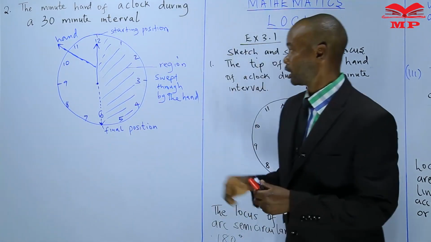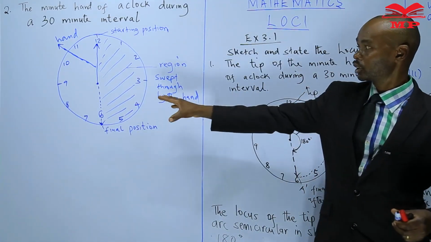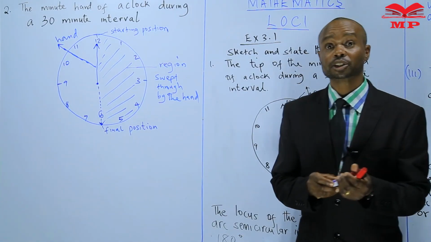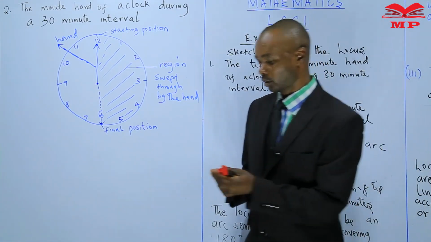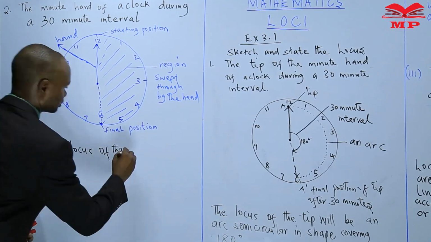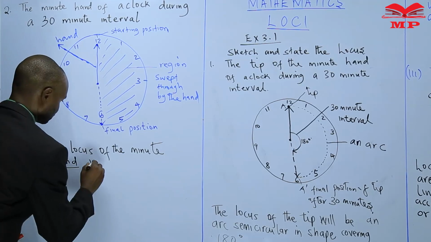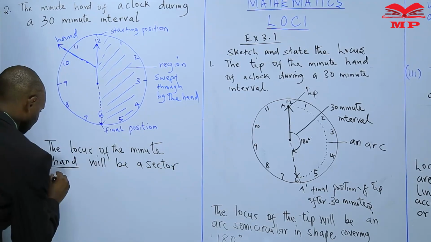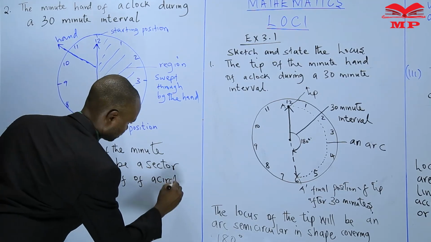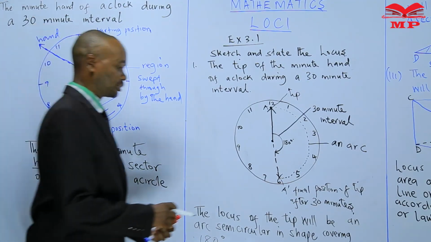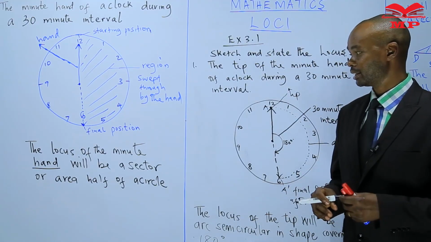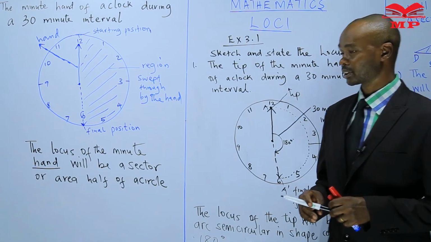So it is a region. This is the region the hand will sweep through during the 30-minute interval. So the locus of the minute hand will be a sector or an area half of a circle.